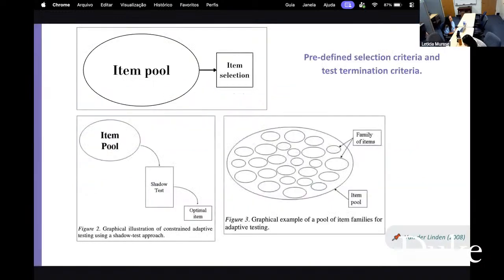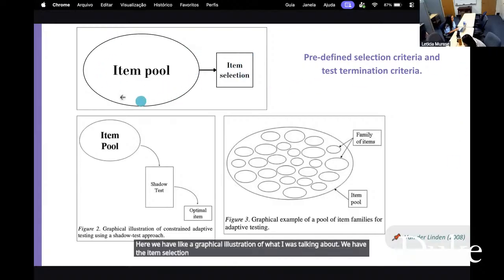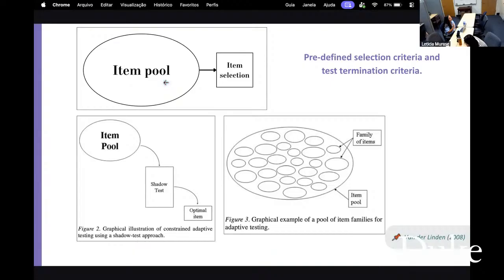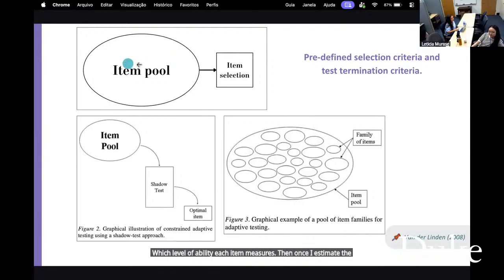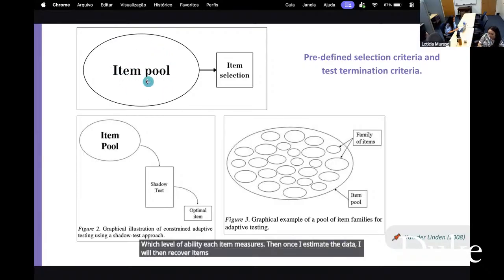Here we have a graphical illustration of what I was talking about. We have the item selection in the item pool. The item pool is always already calibrated, so I know which level of ability each item measures. Once I estimate the ability, I will then recover items from this original pool.